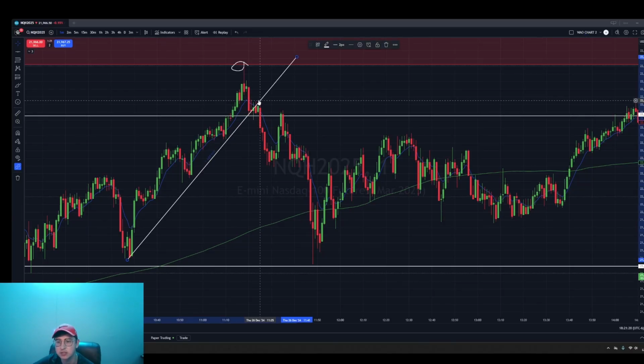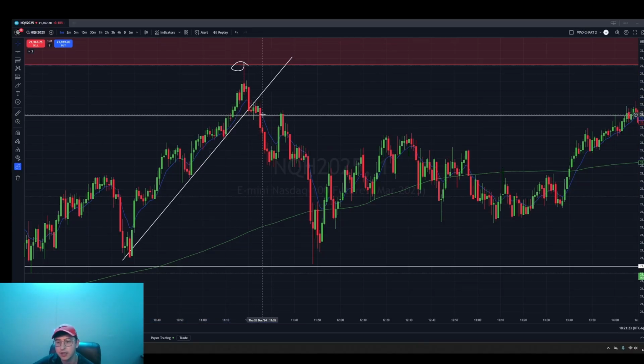So when this breaks, I can go short here on this break, right? Or again, just like I said, we break this, come back up, retest it, and then we can go short here. And again, it's not going to be a perfect sell, right? We can accidentally maybe get in here, but that's okay.